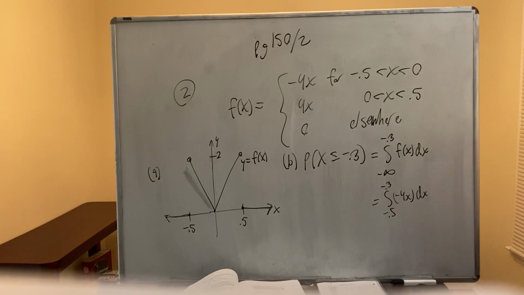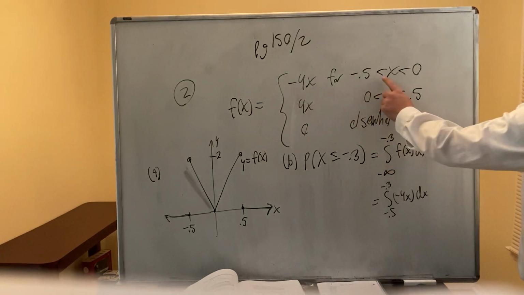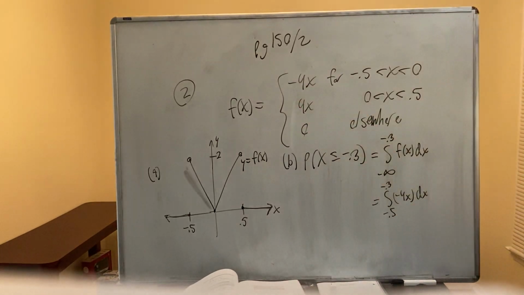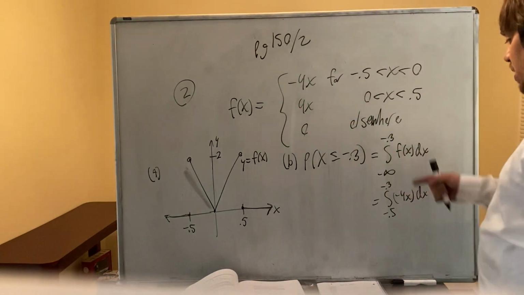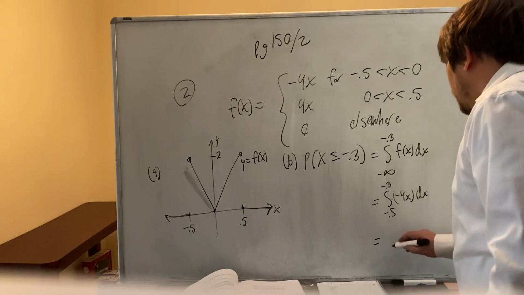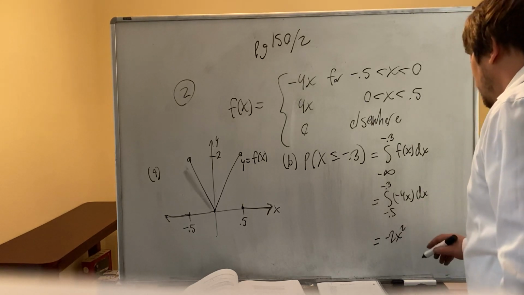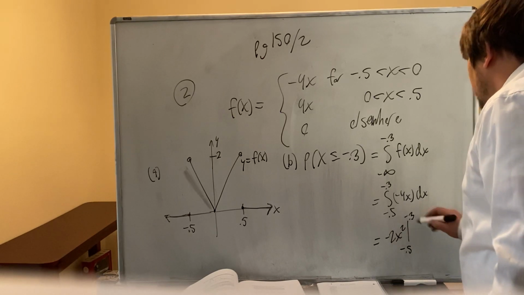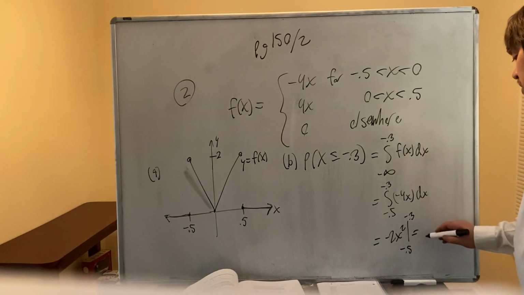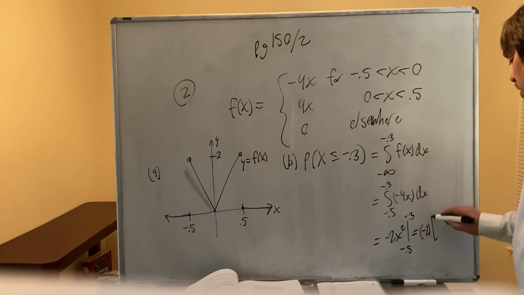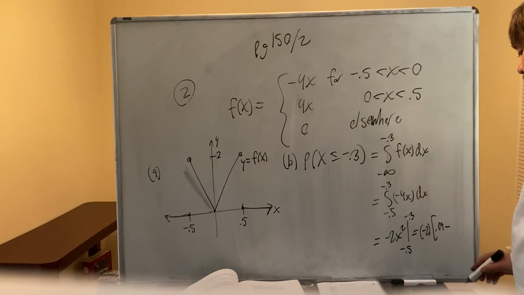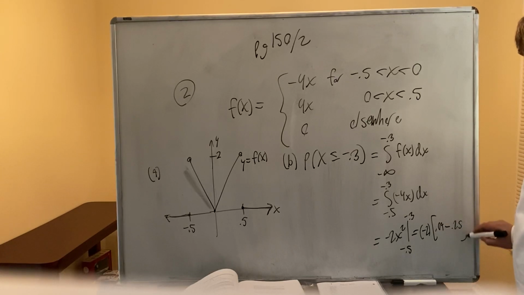Right? From negative 0.5 to negative 0.3, it lies in this interval. And so f is negative 4x throughout that interval. So you can plug negative 4x for f of x. And so the antiderivative of that is negative 2x squared. And so you evaluate it from negative 1/2 to negative 0.3. This is equal to negative 2 times negative 0.3 squared, which is 0.09, minus negative 0.5 squared, which is 0.25.